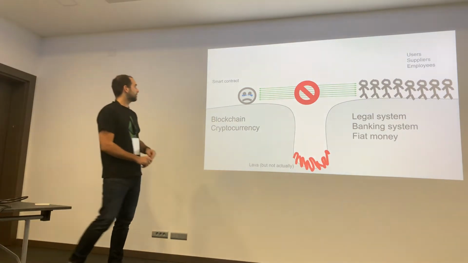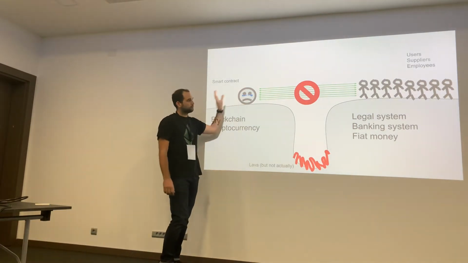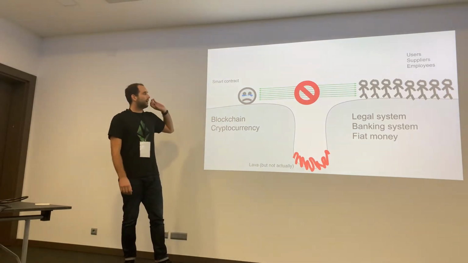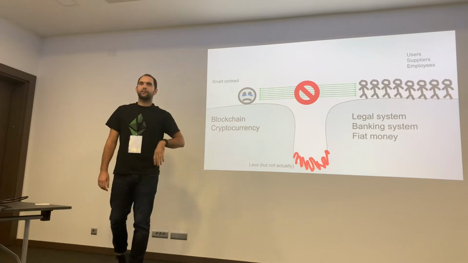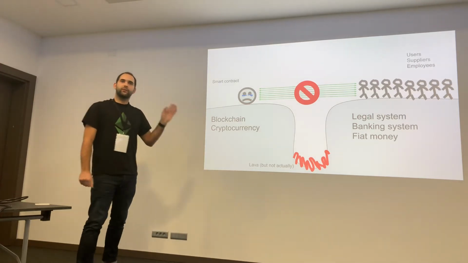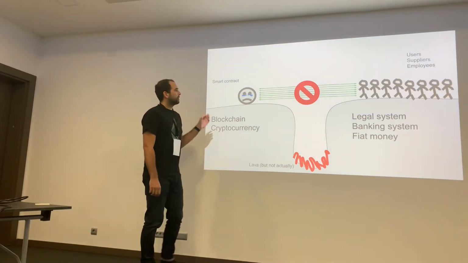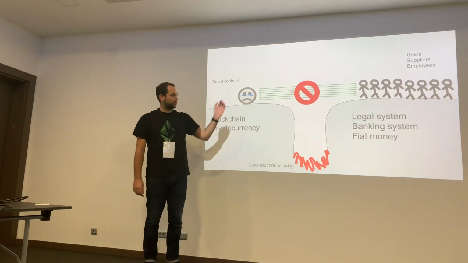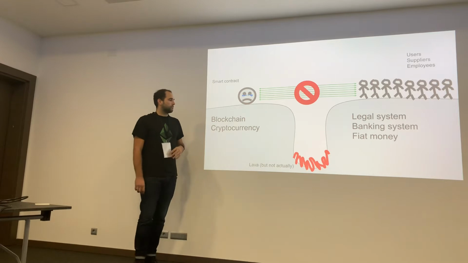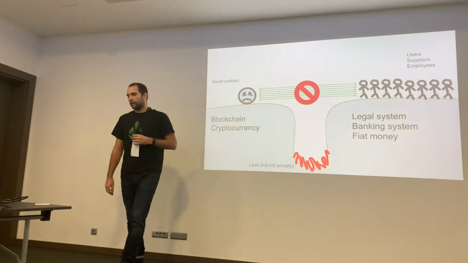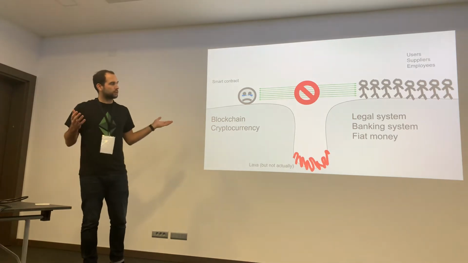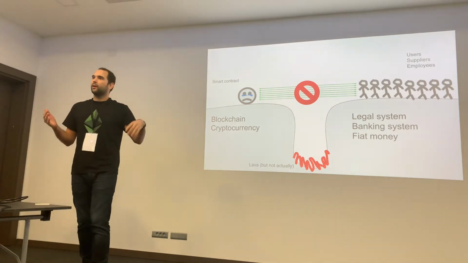So we have a smart contract here, your shiny, nice, polished dApp that, I don't know, creates CryptoKitties or whatever, and everybody's crazy about them. But unfortunately, all of the users are on the other side of the gap, and the gap is lava, so you can't cross there because you're a smart contract, and their legal system, banking system, fiat money, everything is there.